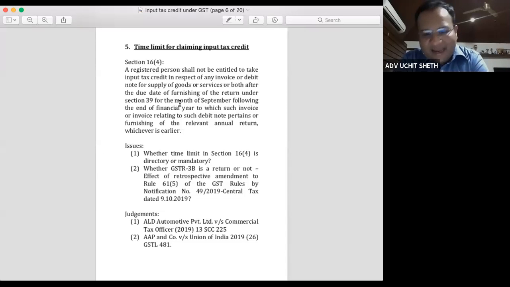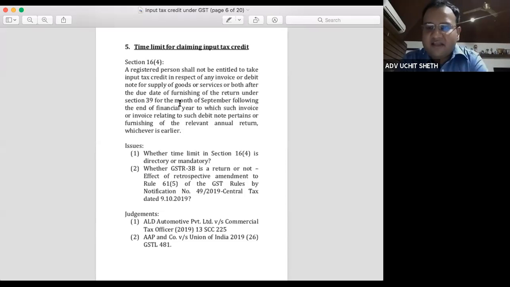Apart from challenging this judgment of the Gujarat High Court before the Supreme Court, the government did another thing. It immediately, on the 9th of October 2019, retrospectively amended Rule 61 Subrule 5, which is regarding this 3B. And it was expressly clarified in the provision itself that 3B is a return.